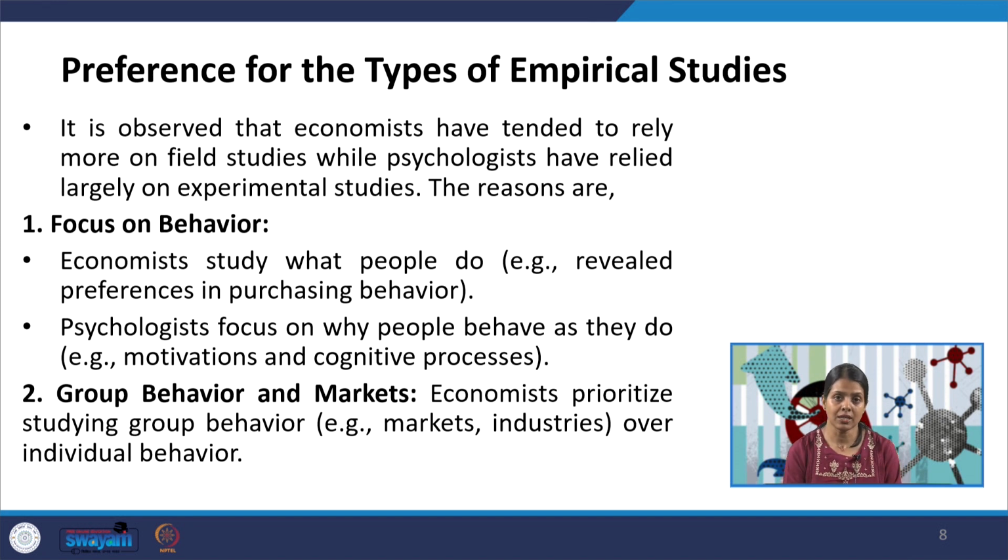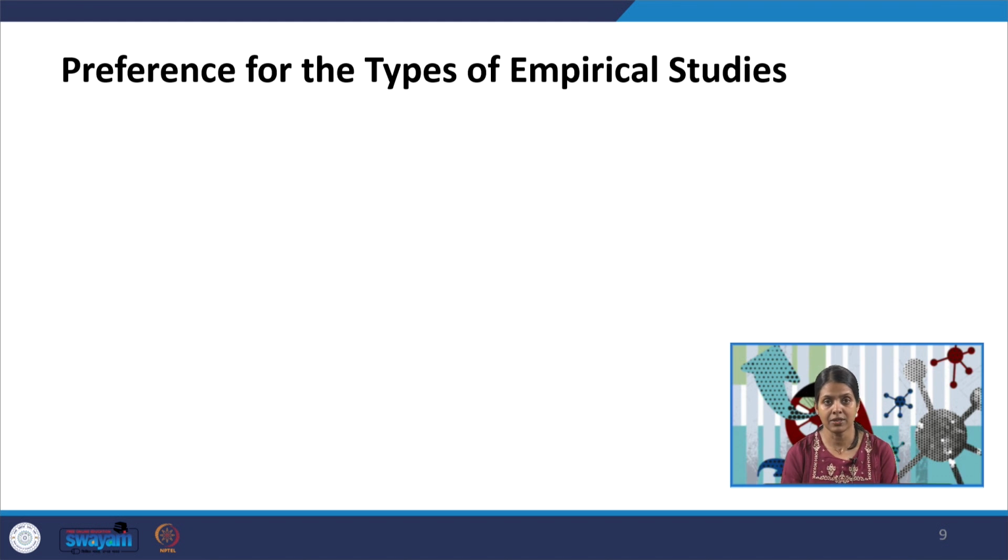Economists also study individual behavior, but individual behavior in market settings can also be studied. When we go for further aggregating from individuals to firms and markets and then industry, field studies are more appropriate and suitable as compared to experimental studies. So, studying group behavior and markets is facilitated better by field studies.